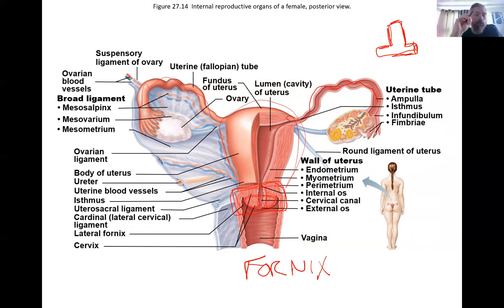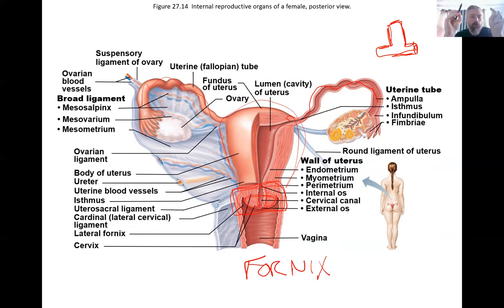Now, the interesting thing about the way that the ovary and the uterine tubes are connected is that they're actually not connected. On the male side of things, the seminiferous tubules are directly connected to the epididymis. There's no way for things to escape.